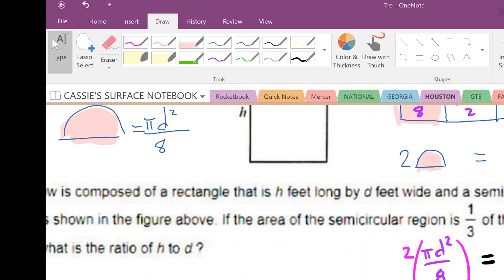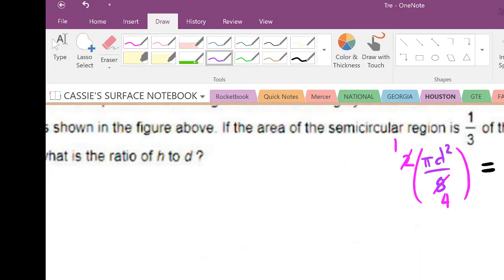So now I'm just going to simplify. 2 goes into 2 once, 2 goes into 8 4 times. So I've got pi d squared over 4 equals hd, and I want to divide by d because I want to get h all alone. If you're dividing a fraction by d, you can just put it right there in the denominator. So d goes into d squared, 1d. By the way, I would never be able to do that unless I knew 100% that d cannot be 0.